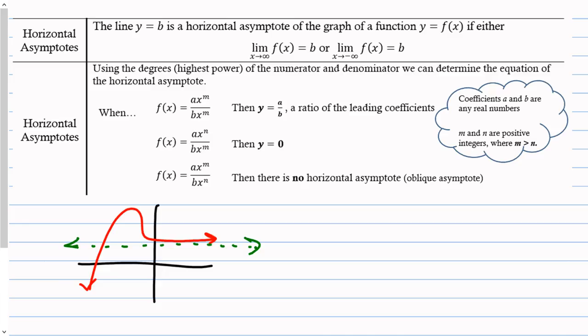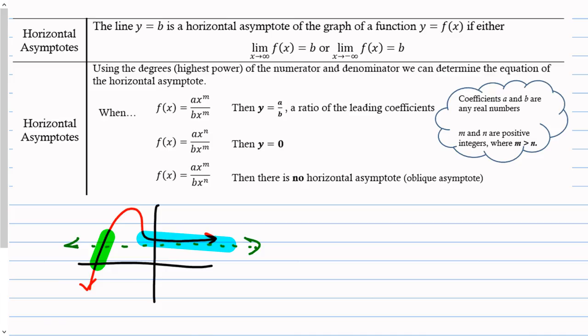Such as my horrible picture here. My function does actually cut through the horizontal asymptote right here. But it is obvious, hopefully, that towards the end here, the horizontal asymptote is taking effect in this function, and that's why it is a horizontal asymptote to begin with. And so that's just a little fact that I kind of need you guys to know.